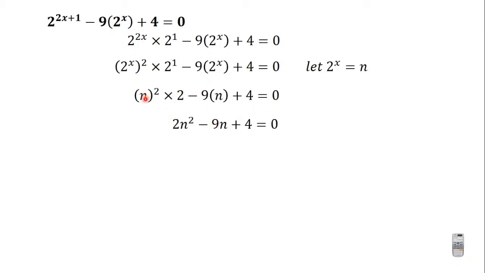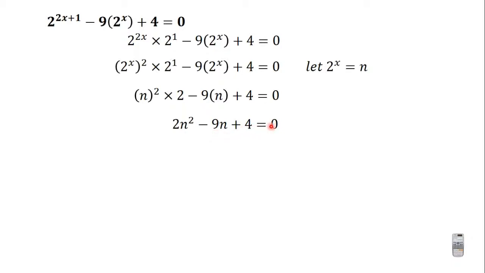This will give us n squared times 2. N squared times 2, we learned from algebra, is written as 2n squared, minus 9 times n will give us 9n plus 4 is equal to 0. Once again, we have another quadratic equation.